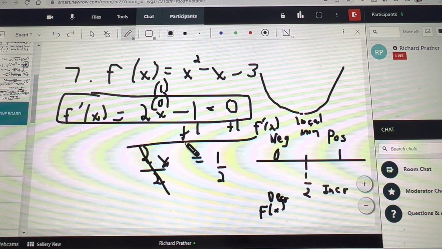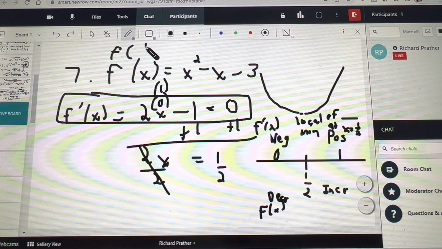So this is a local minimum, and I don't know the value of it, but I know the location: at x equals 1/2. To find the value of it, you have to go back to the original function.